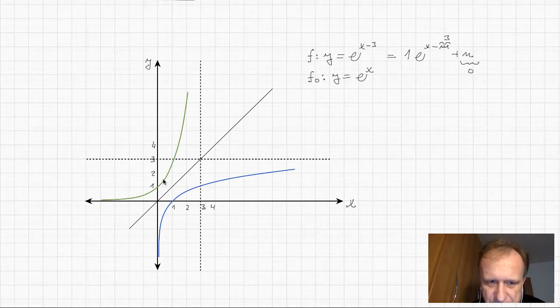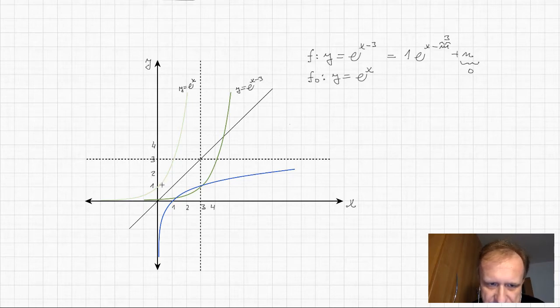So I will translate. It's 1 unit, 2, 3 units. By doing that, I obtained the new graph, and you see that there is the original one in a different shade of green. Let me call this y equals e to the power of x, and this one y equals e to the power of x minus 3.